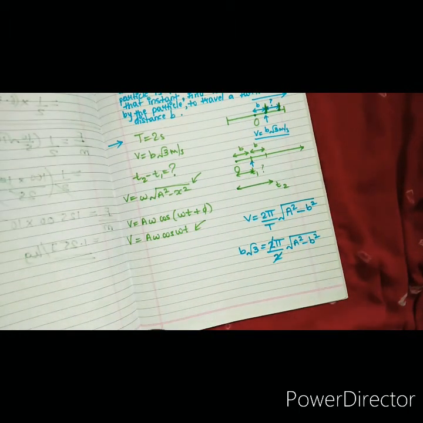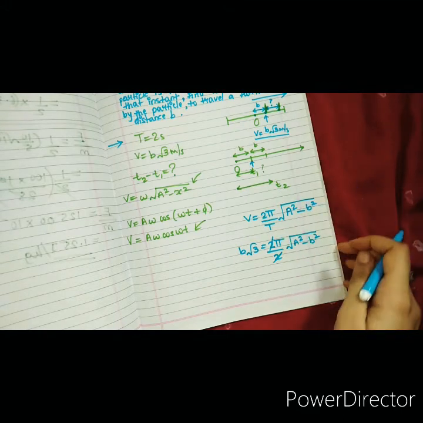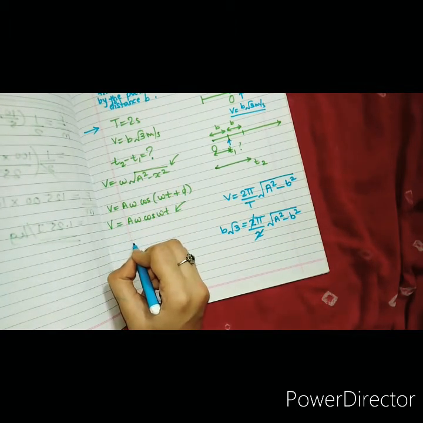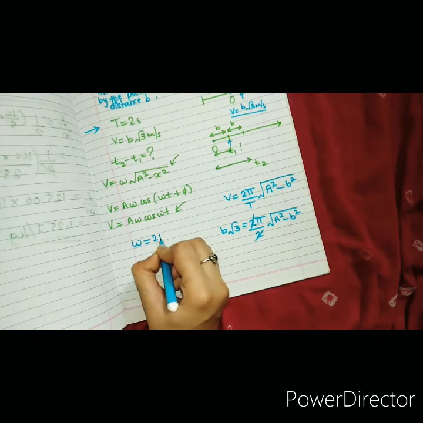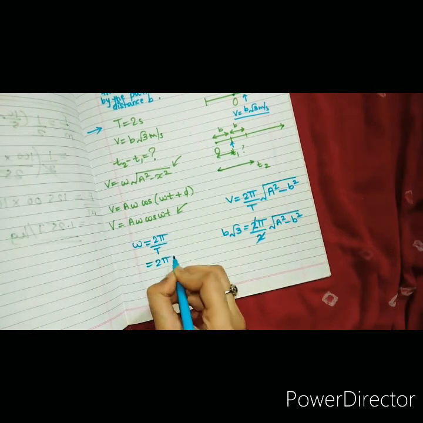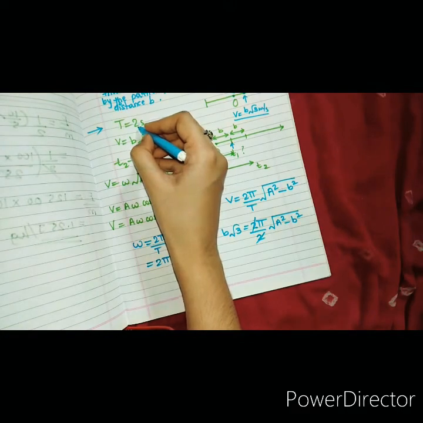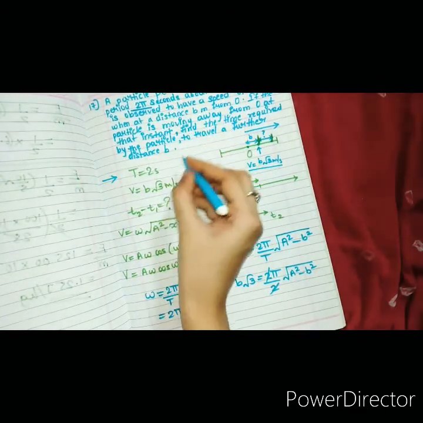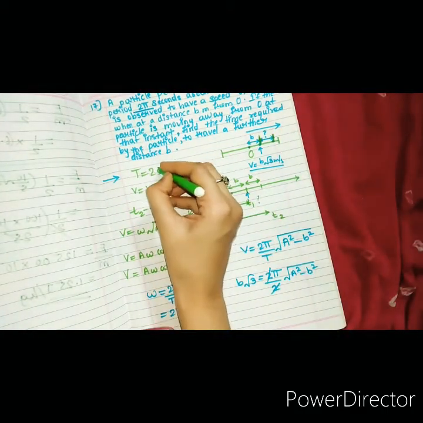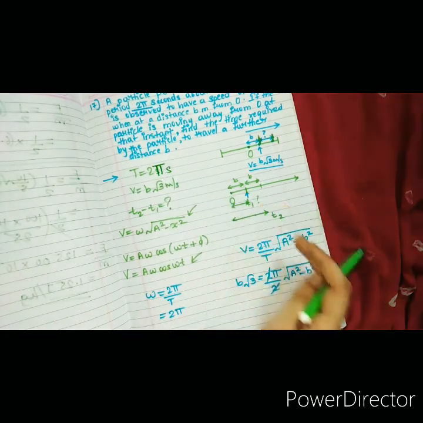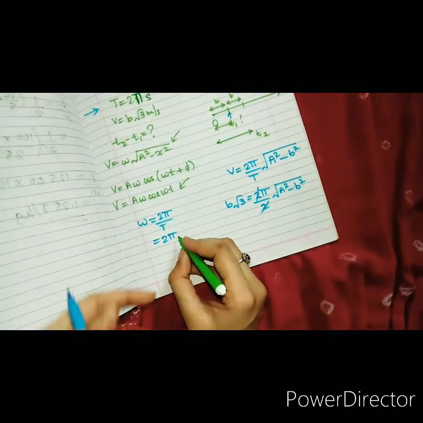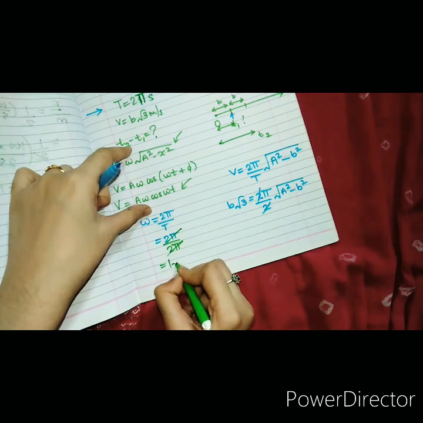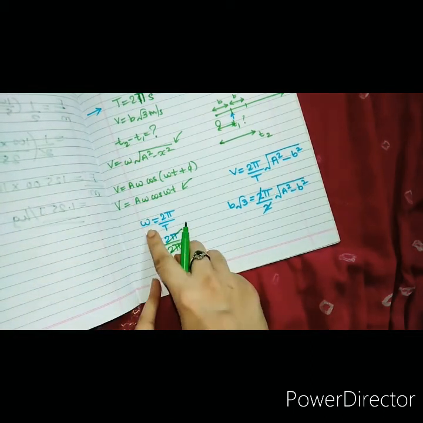Okay, we can make this more easy. We can find the value of omega first, that is 2 pi upon T. See, I made a mistake. The period of the particle is given as 2 pi. Sorry. So 2 pi upon 2 pi is nothing but 1 radian per second.